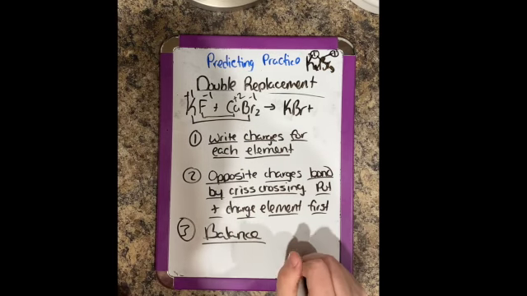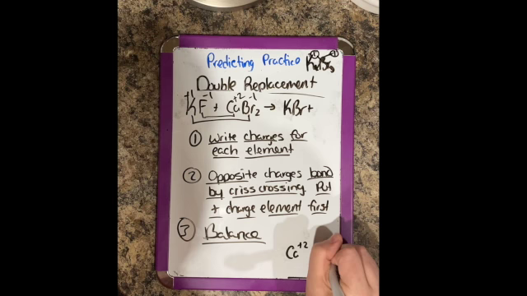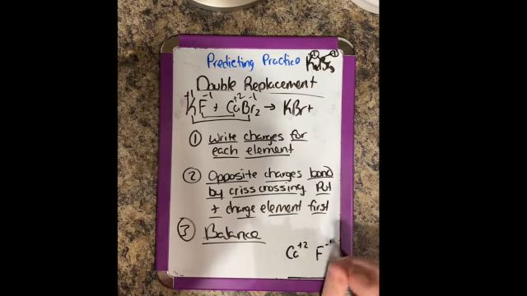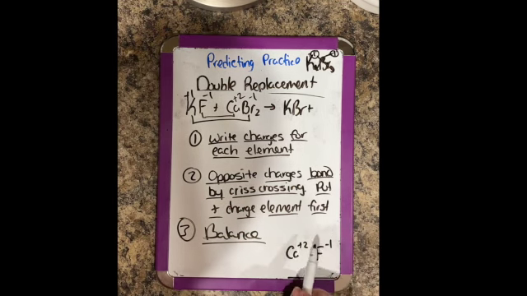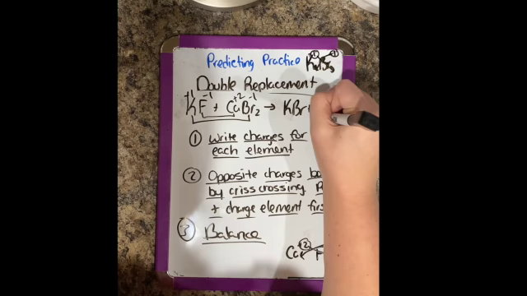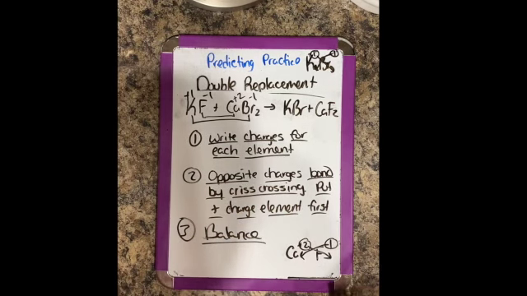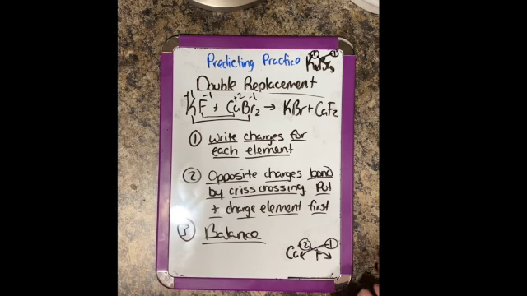Our next element, we have Ca, which is plus 2, and we have F, which is minus 1. Make sure you put your positive charged element first. You crisscross, and that's going to give you CaF2. And then you would balance this reaction.